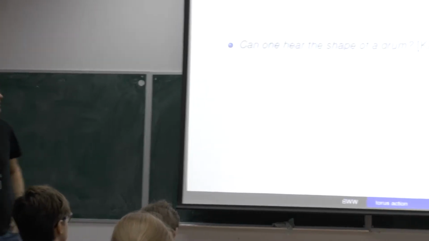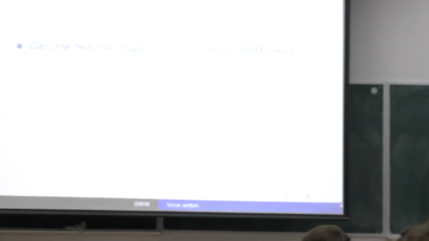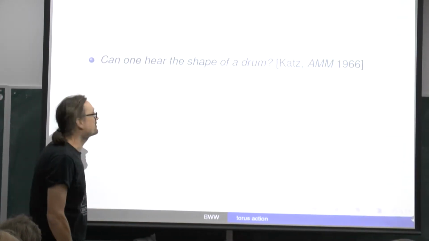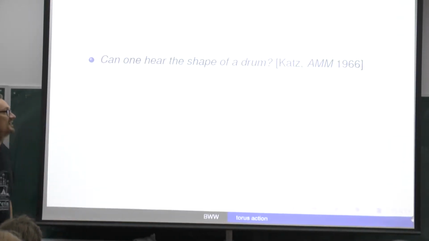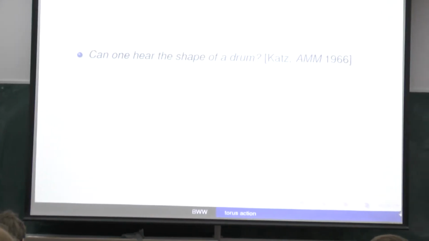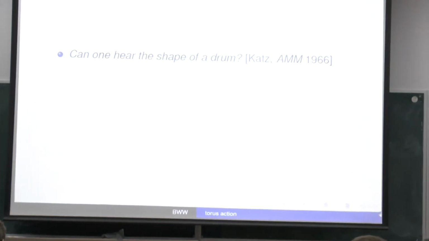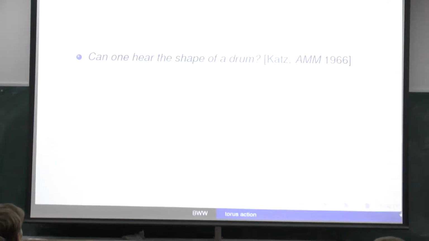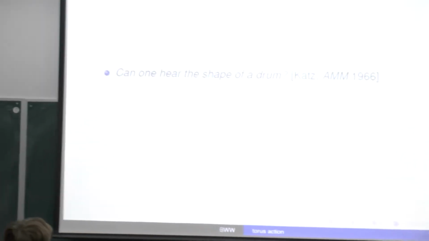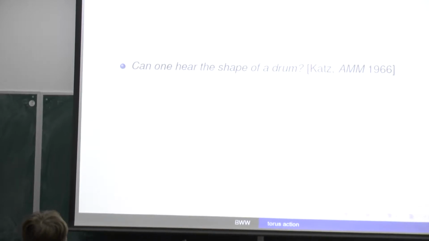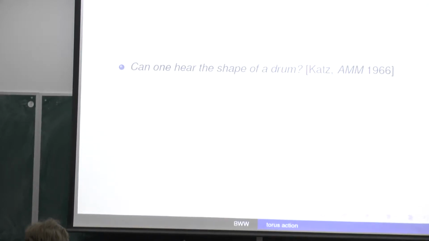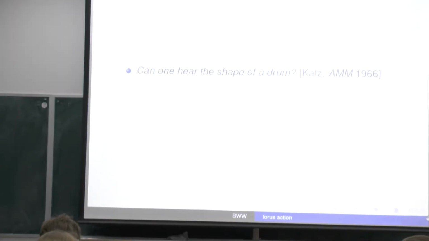As the headline, I wanted to choose the title of Kac's article in 1966 in the American Mathematical Monthly. Suppose that you have an instrument and you want to know its shape by the sound it makes.